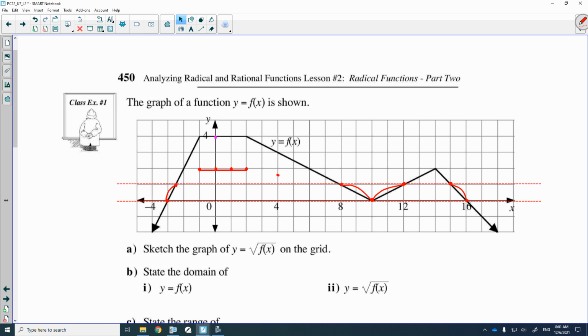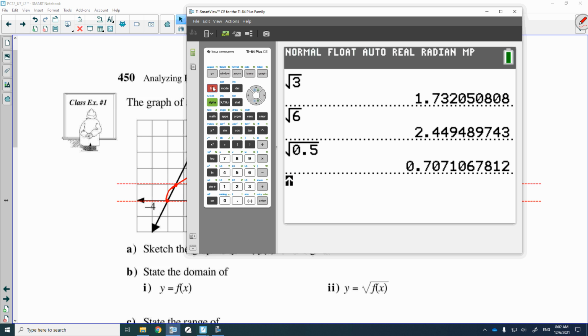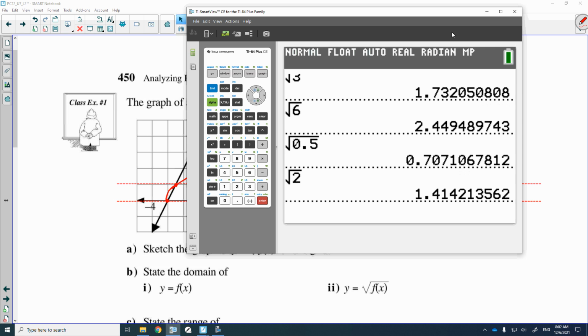We're going to just simply connect with a nice smooth curve as much as we can these points. Over here, again, that is 2, and the square root of 2 is 1.4.